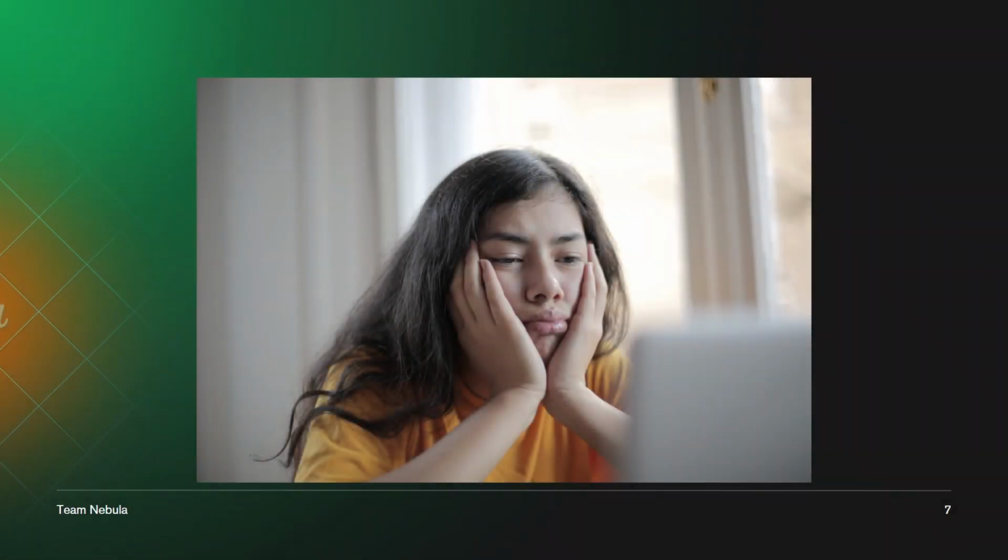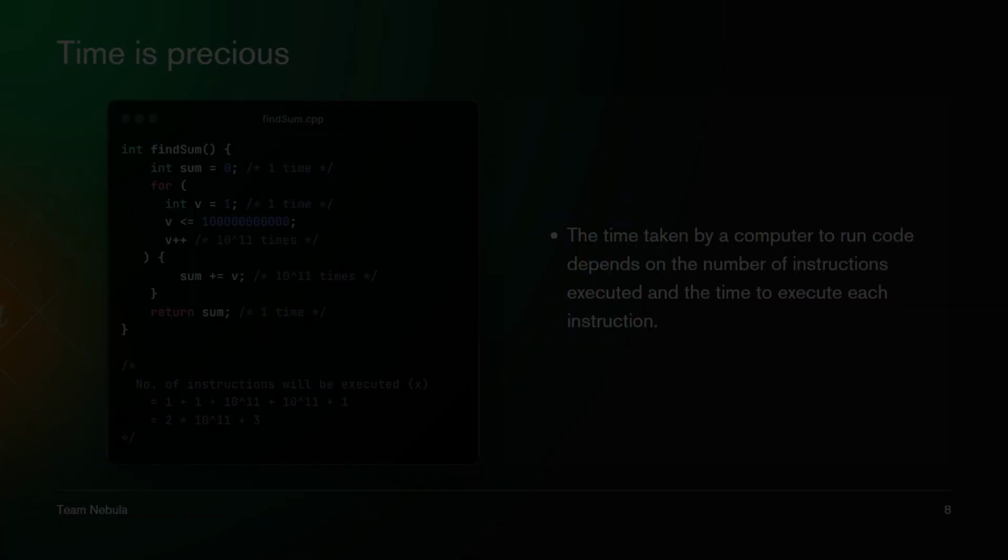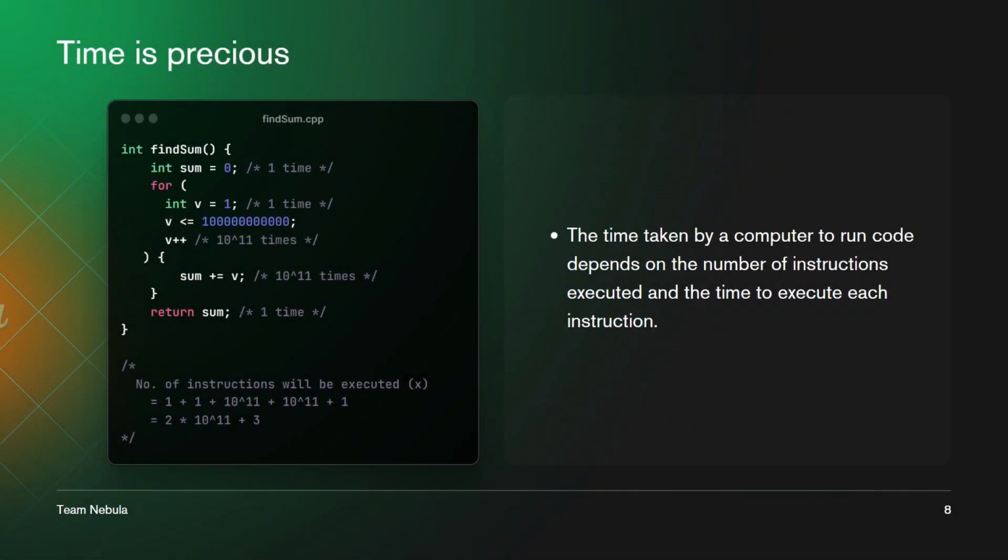Both Alice and Bob are excited about their solutions, but when they run the code, they encounter a problem. Bob's code is taking a significant amount of time to execute, and Alice wonders what's wrong. The time taken by a computer to run code depends on the number of instructions executed and the time to execute each instruction.